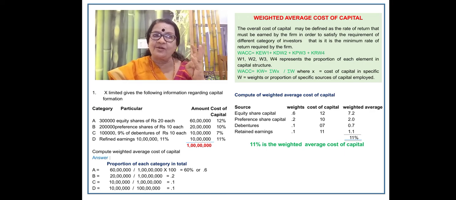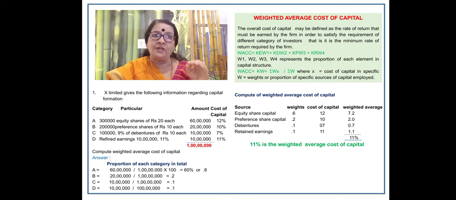That is, KE means cost of equity and weightage W1, KD is the cost of debt with weightage W2, KP is the cost of preference shares with weightage W3, and retained earnings KR has W4. So KE means cost of equity, KD cost of debt, KP cost of preference shares, KR cost of retained earnings. All these four together give the weighted average cost of capital.